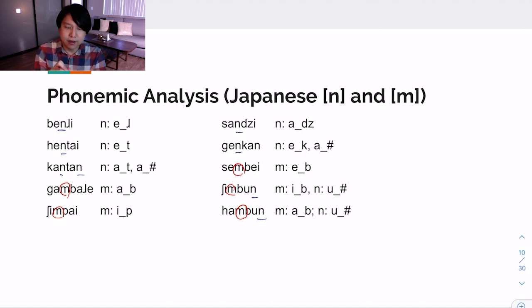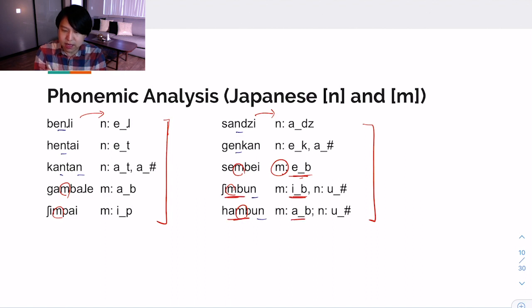And you can list all the environments that exist in this set of words. So for example, for M, it's between E and B, between I and B, between A and B, and I and P. There are 5 different examples of sound M. And actually, there are two examples that overlap.